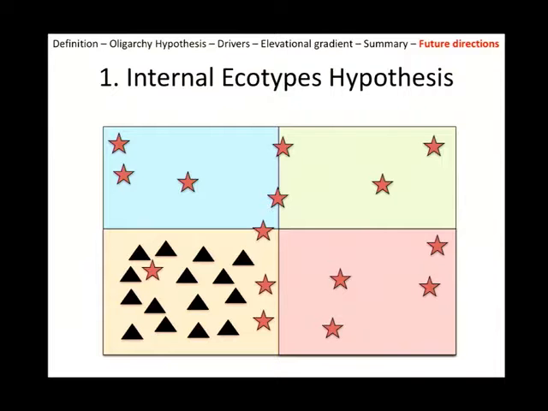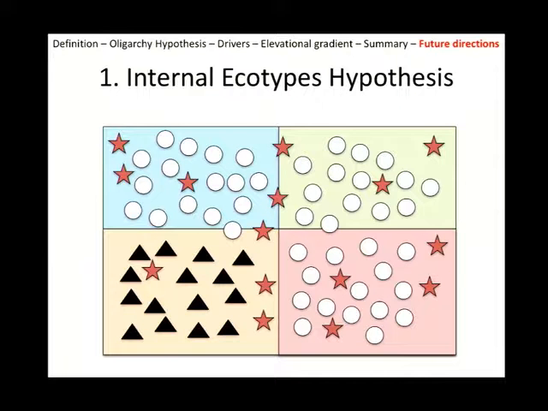Besides, we have oligarchic species, and these species are abundant in many places, and they are occupying large areas, and they are as successful as habitat specialists in different habitats. And we don't know how these species can do that.